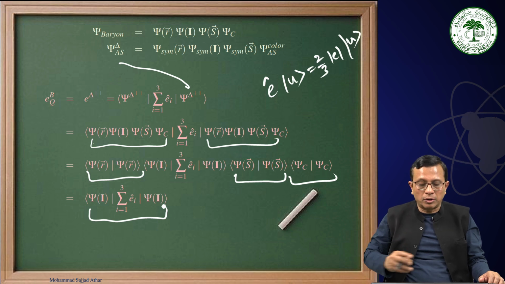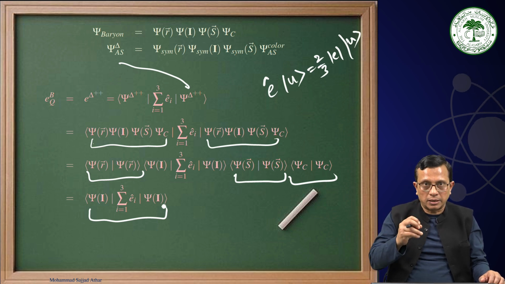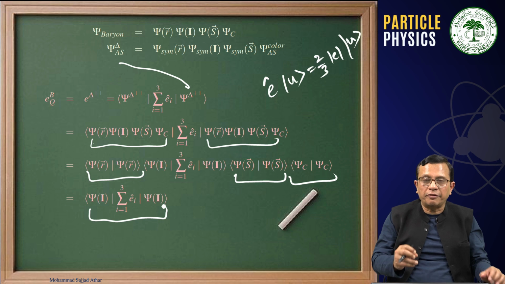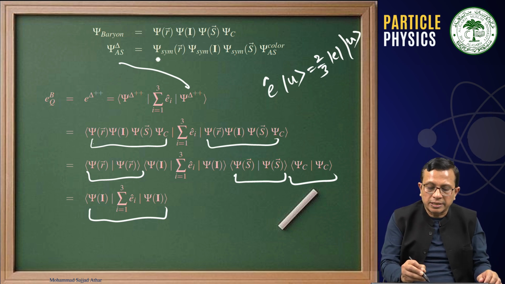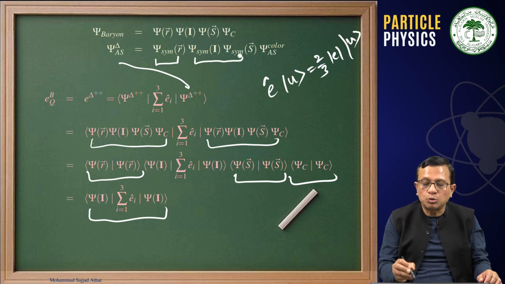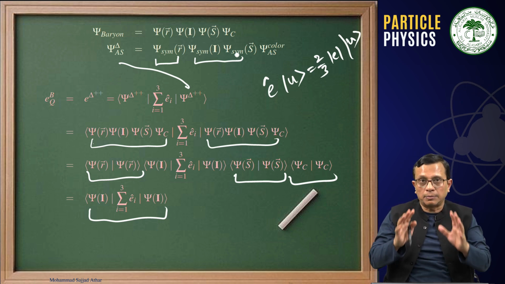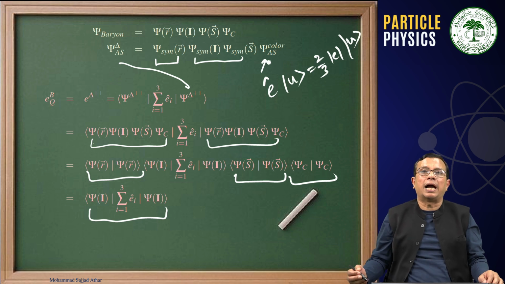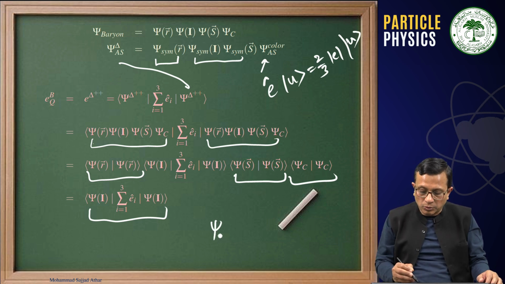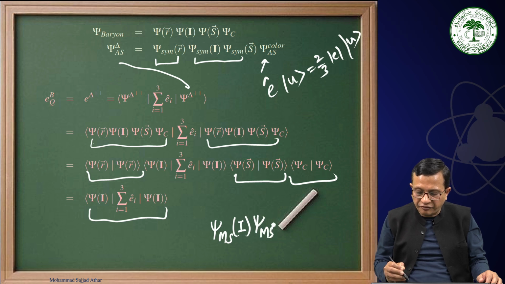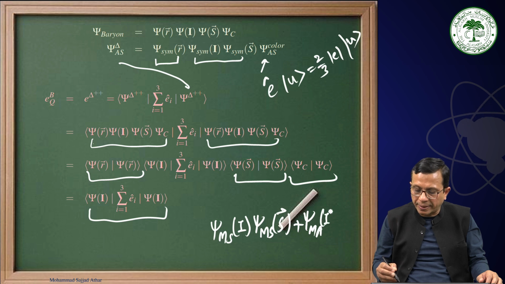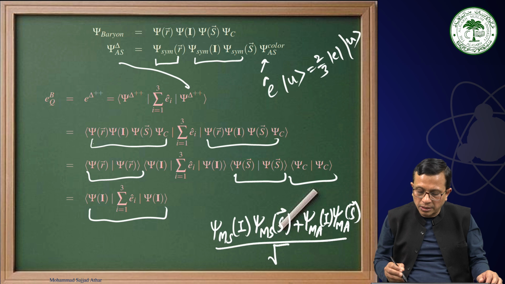But when we talk about the proton, then there is a catch, because in the proton wave function, if you notice, this part will be symmetric, but these two contain mixed symmetric and mixed antisymmetric terms. Overall the term should be symmetric because this part is antisymmetric. Therefore, there what we are going to do is take mixed symmetric for isotopic spin, mixed symmetric for spin, plus mixed antisymmetric for isotopic spin and mixed antisymmetric for spin, divided by root 2.